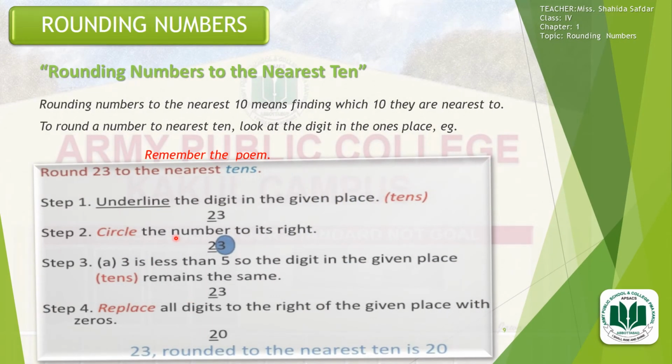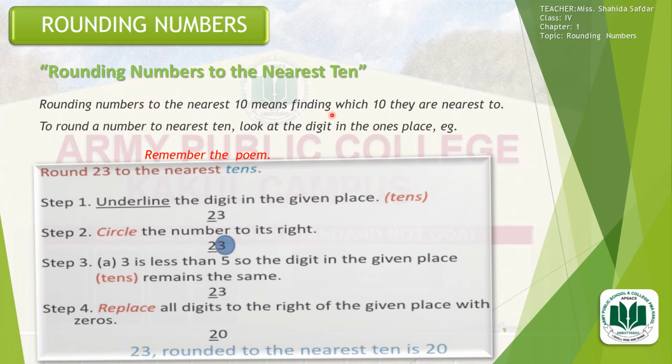Dear students, here we will learn how to round numbers to the nearest 10. First, what is the meaning of rounding numbers to the nearest 10? This means we have to find the nearest 10 value of the given number.